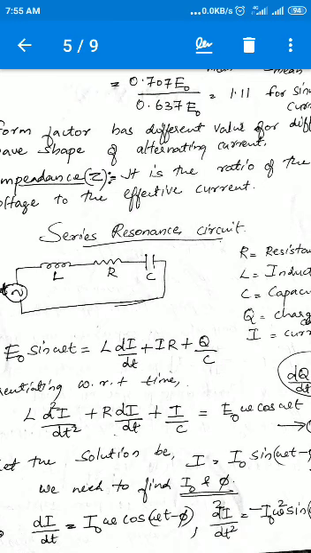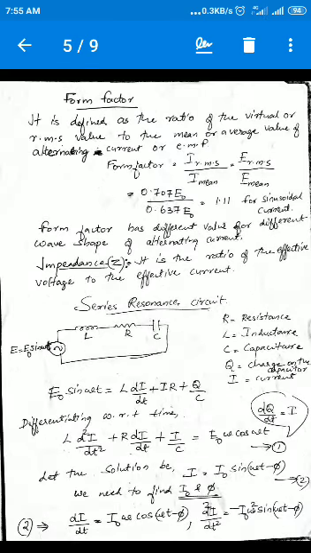So that is I by C, which is equal to E0 omega cos omega t, which is coming from the differential of sin omega t with respect to time. It will be cos omega t into omega. So it will be E0 omega cos omega t on the right hand side.